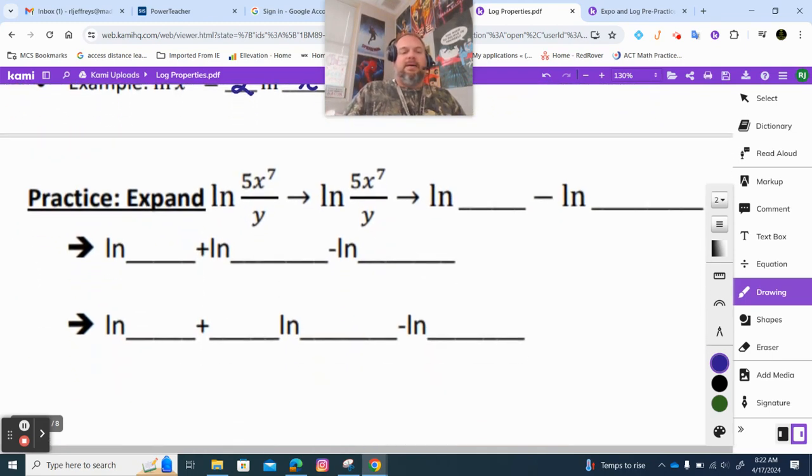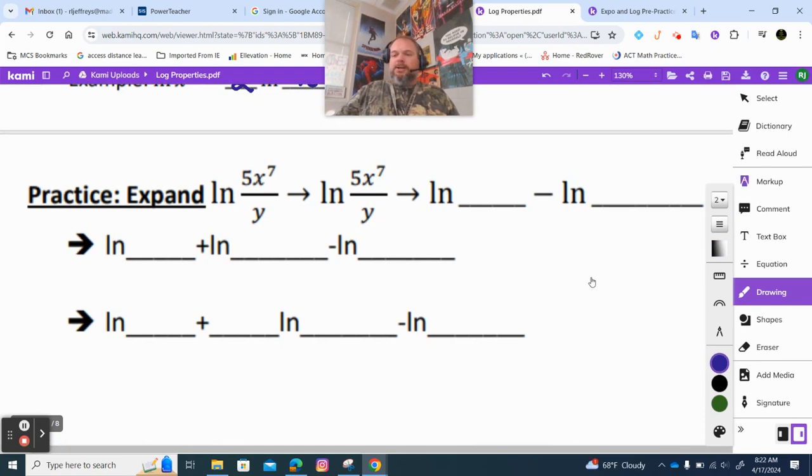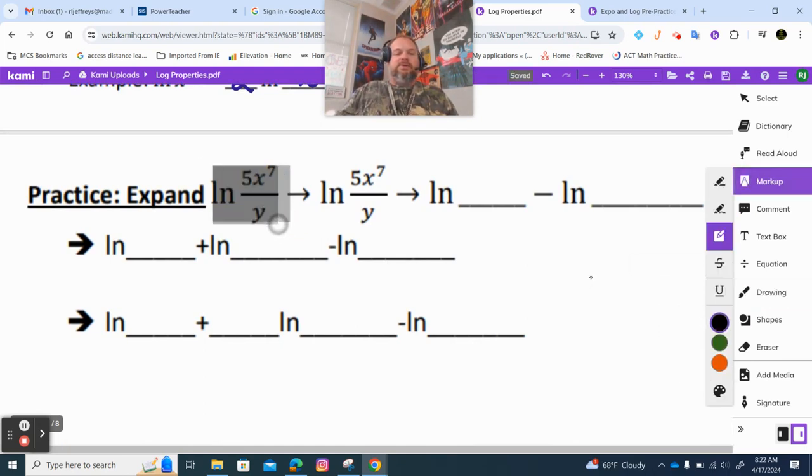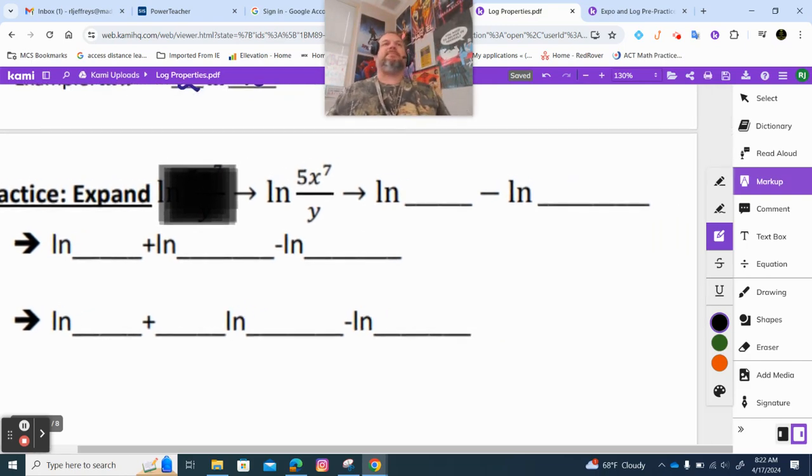So now on this practice, we have to peel this back a little bit at a time.